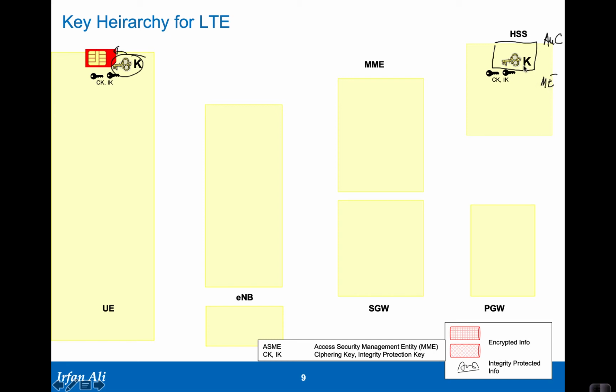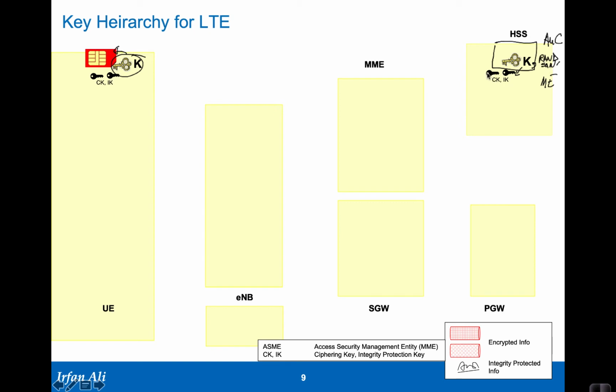What comes out of the AUC is the CK and IK, which is the next level in the hierarchy down. The CK and IK were created based on the K key, the random number RAND, and also the sequence number SQN.